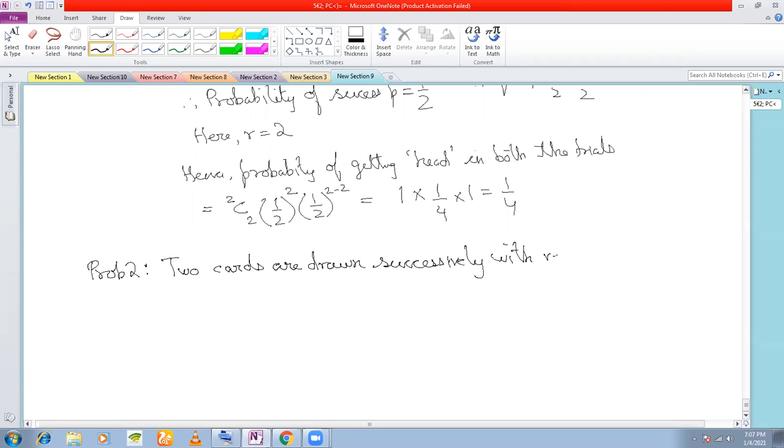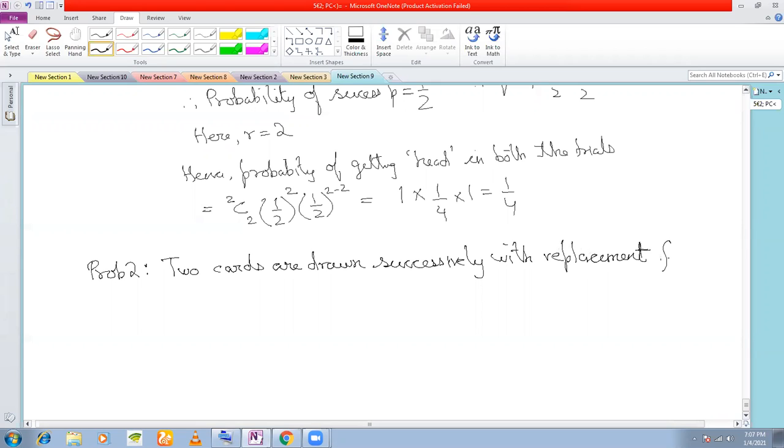Which problem type? Third type, because I told you repeated trials. With replacement means repeated trials. Repeated trials or with replacement, if you remember, I told you.